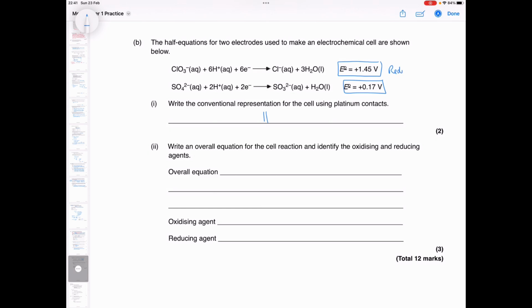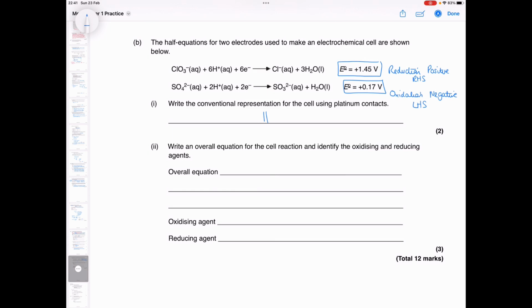So this is the reduction, and this is the positive electrode, and this is going on the right hand side. This one is the oxidation. It is the negative electrode, and it is going on the left hand side.